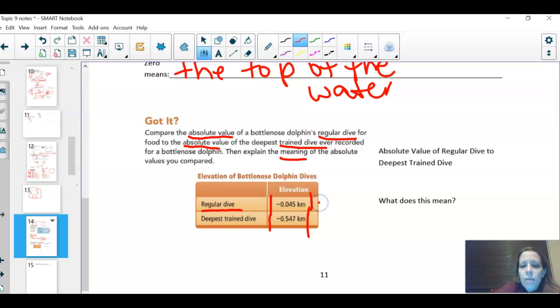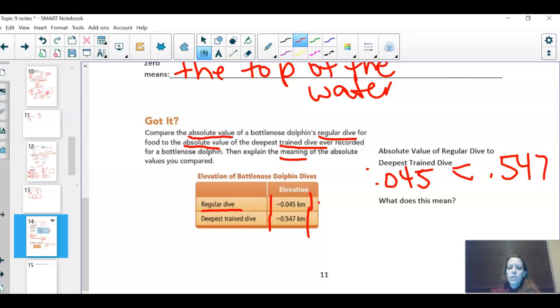So I'm going to start with the absolute value. And I have once again 0.45. 45 thousandths is less than 547. So what does this mean? ¿Qué es el significado de este? That means that the dolphin went lower. Okay, so it went more.